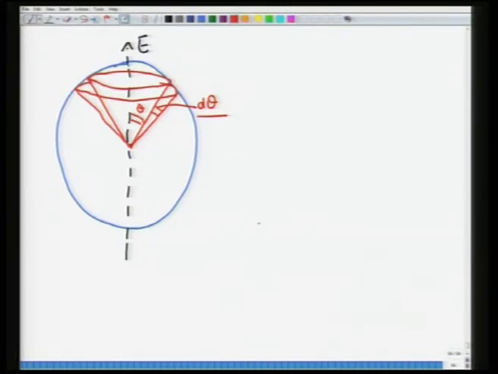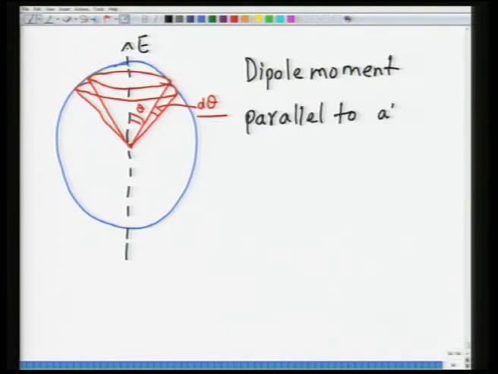So what we want to basically calculate is the dipole moment parallel to the applied field. For that we need the solid angle d omega. So this is the segment, let us say dA.